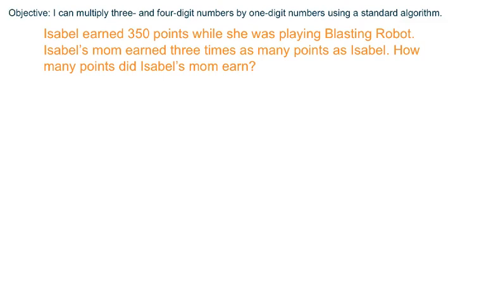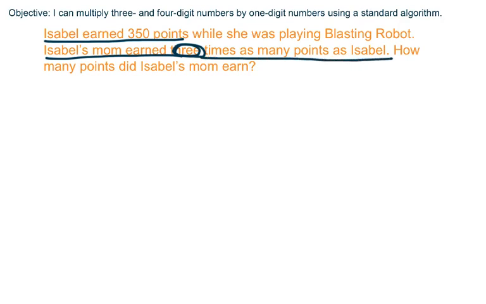It says, Isabel earned 350 points while she was playing Blasting Robot. Isabel's mom earned 3 times as many points as Isabel. How many points did Isabel's mom earn? Okay, so here's what I know. I know that Isabel had 350 points.